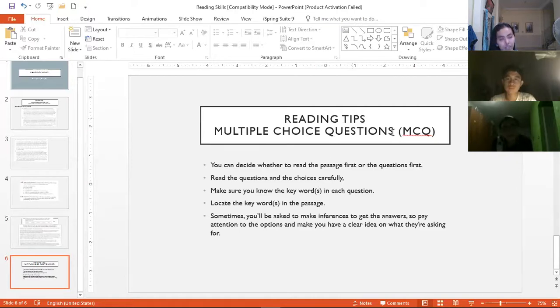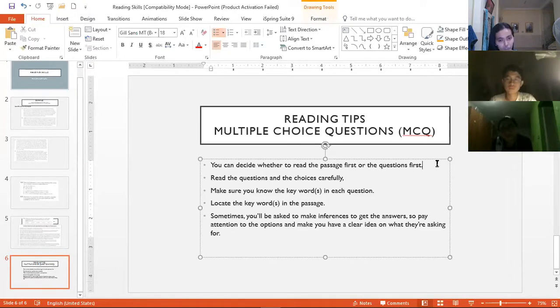So MCQ, like we discussed earlier, you can choose if you want to skim the text first and read the questions later, or read the questions first and scan for the exact information instead. Personally, from my experience, I read the questions first, and then I find the keywords in the text, scan for that, and just get the answer.